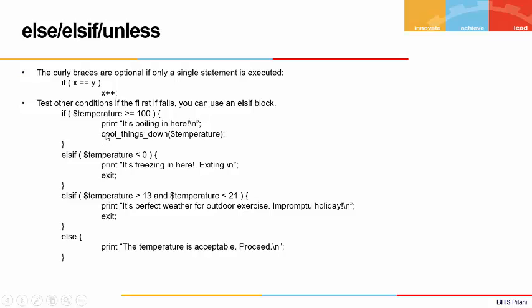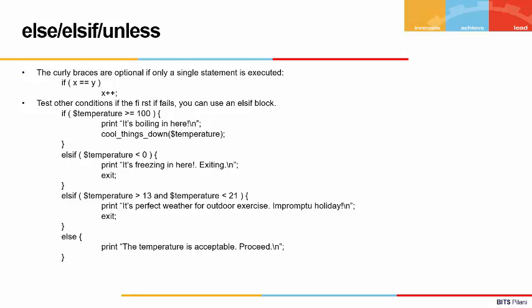And the else if part is like this. For example, this is the code for the temperature. If this condition is satisfied, then this part of the code will be executed. Else if, as this is the difference, is spelled ELSIF.